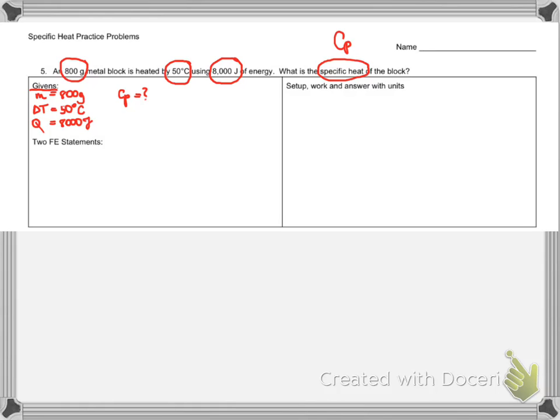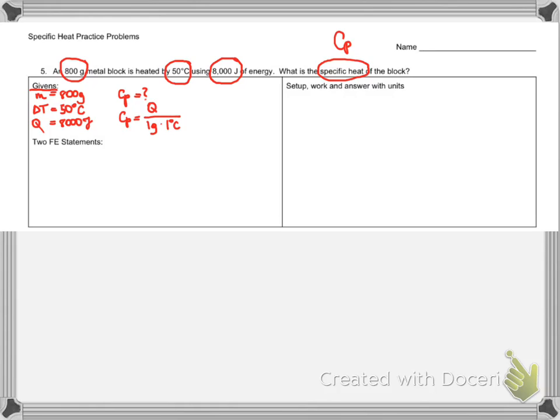Also, you remember from the notes, the Cp is actually the amount of heat required for every 1 gram and every 1 Celsius. Now that we have this done, we can move on and write down the 2 for every statements.